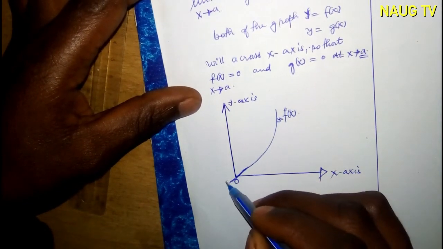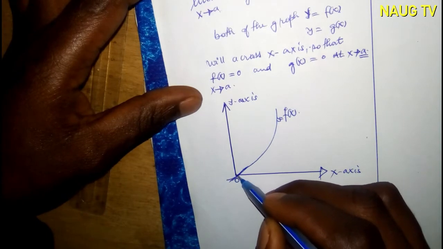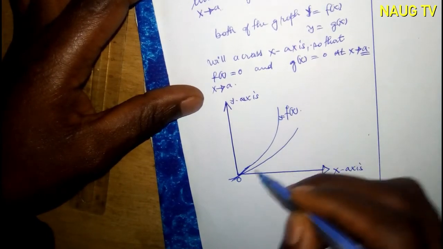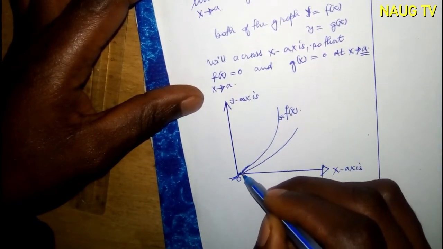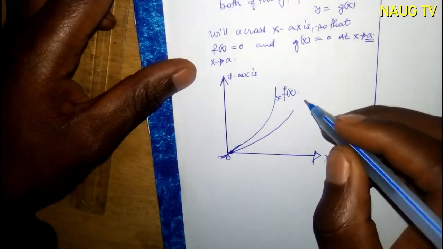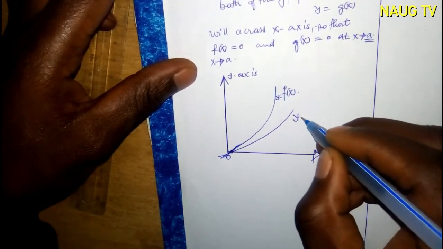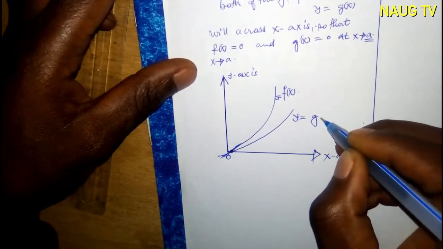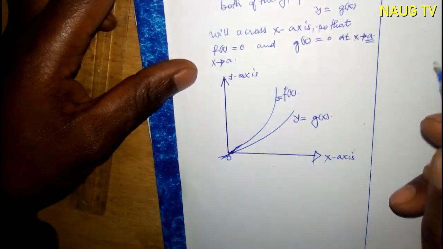Also let's draw another function which is also crossing the x-axis, and let's call this function y equals g of x.